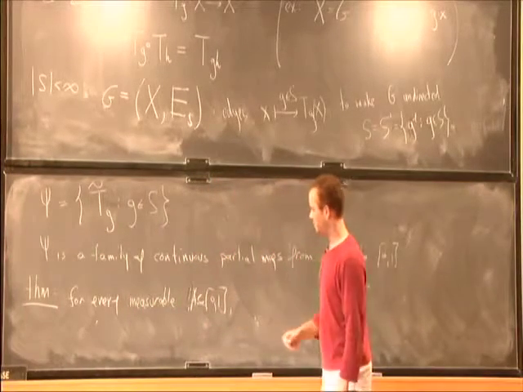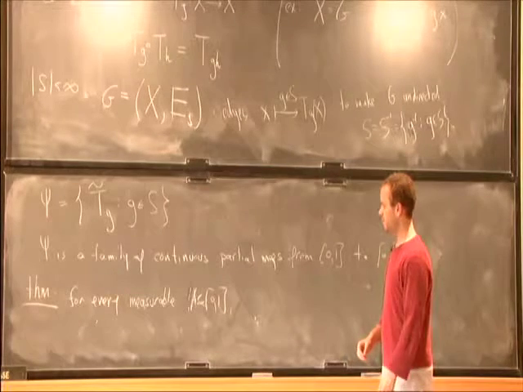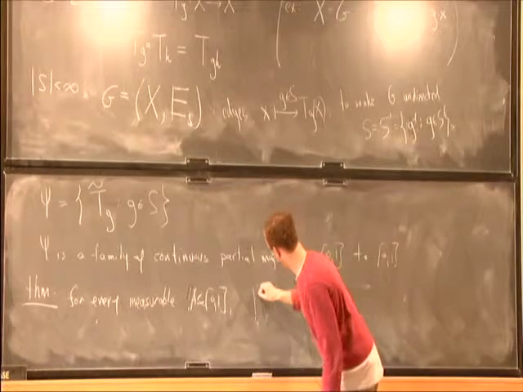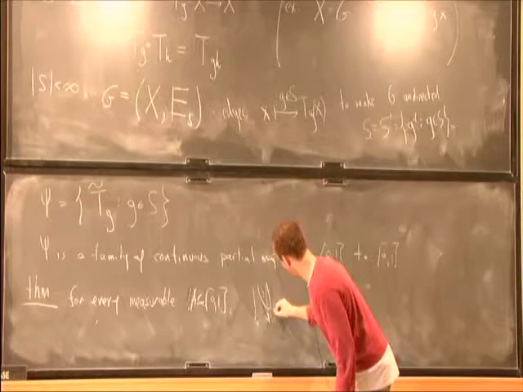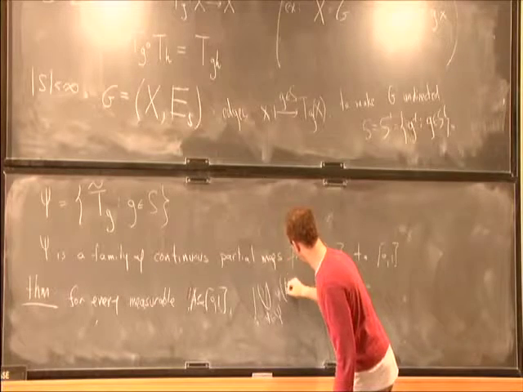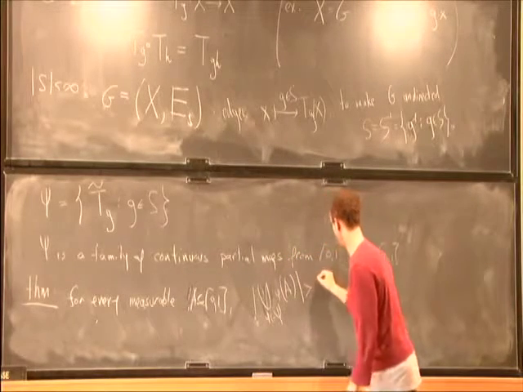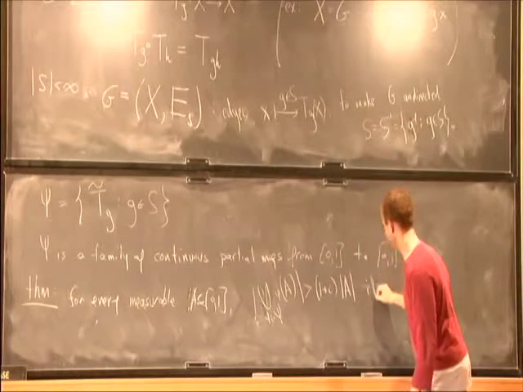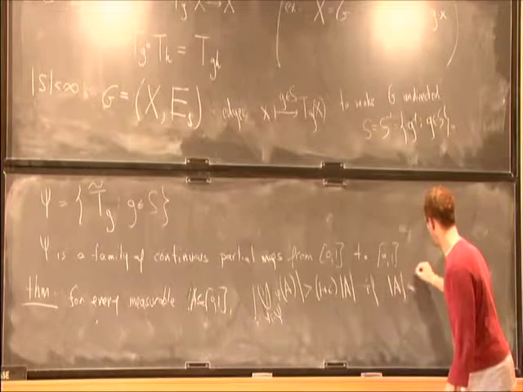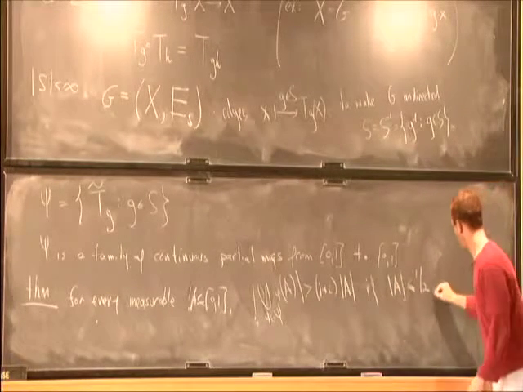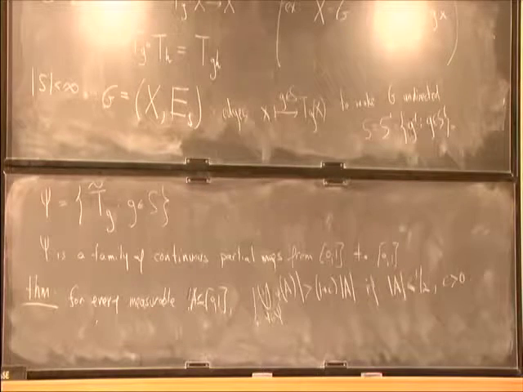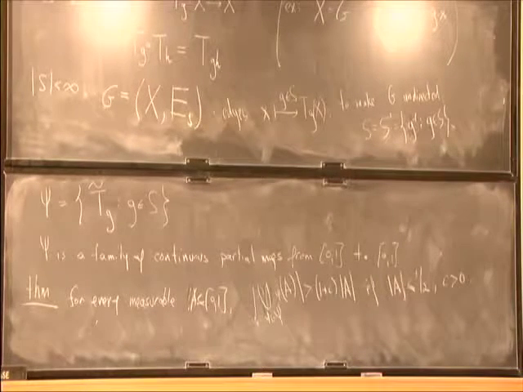For every measurable set A in the interval, the size of the union of psi in psi of A is more than 1 plus C times the size of A, if the size of A is smaller than 1/2. And C is some universal constant. So this is the analog of an expander in the continuous setting.